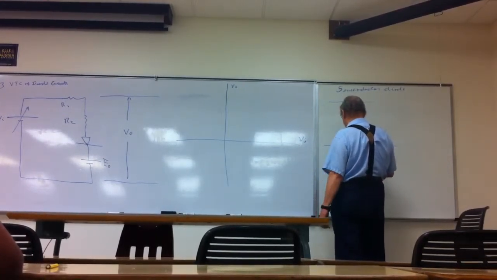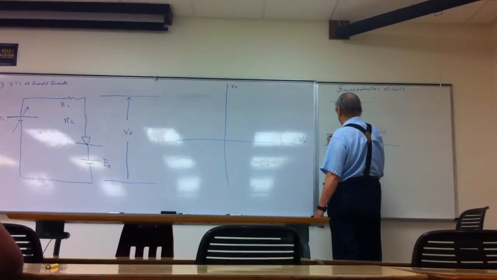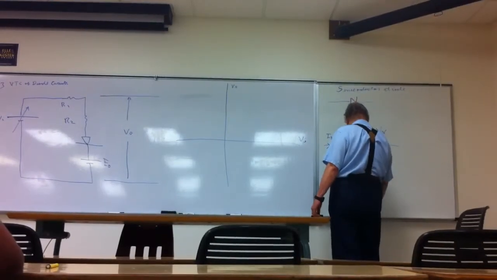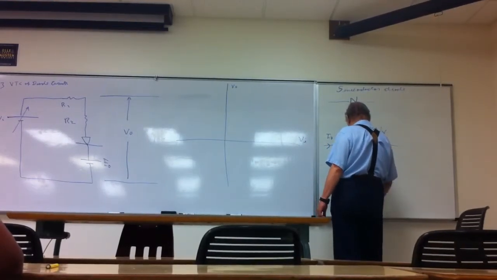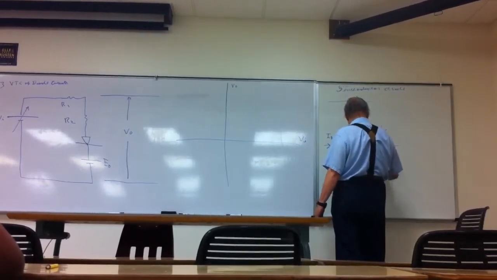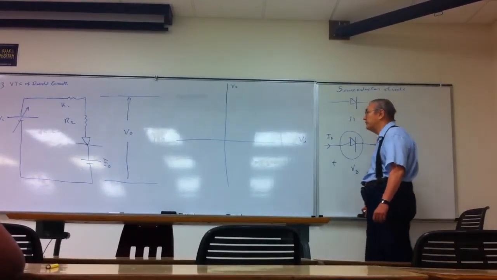And so what we want to do is come up with equations that will tell us the voltage drop across the ideal diode for certain conditions of the input voltage.